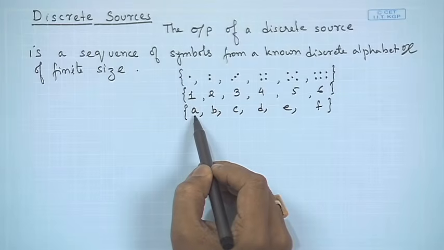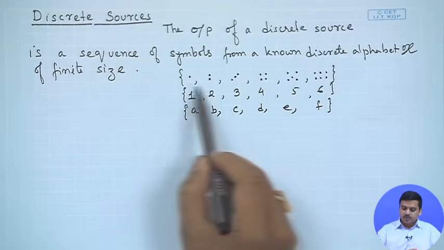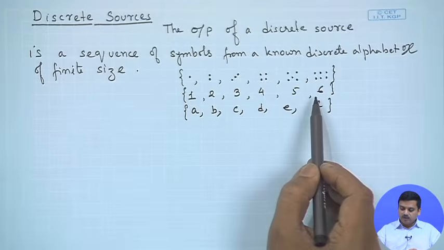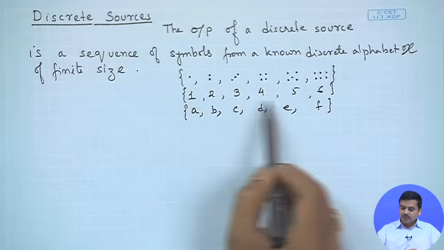Whether it's a 1, a dot, or an A is rather not important, but what is more important is that there are 6 possible options, you want to choose any one of them, and they are distinct. This is very, very critical.